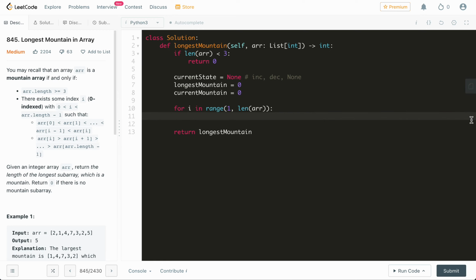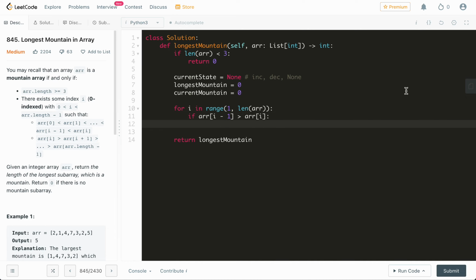And so we're going to say if the array at I minus 1 is greater than, we're going to have to account for all three, so if it's greater than the array at I, this means that the number prior to this current number was greater. That means we're in a decrease.